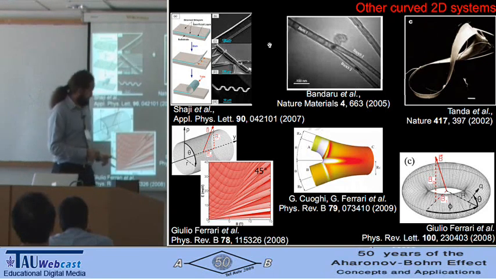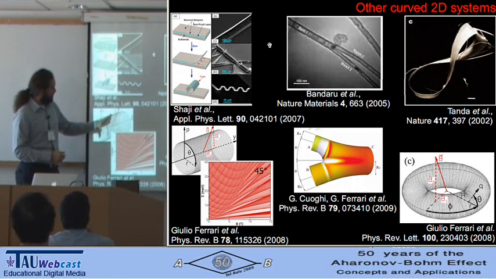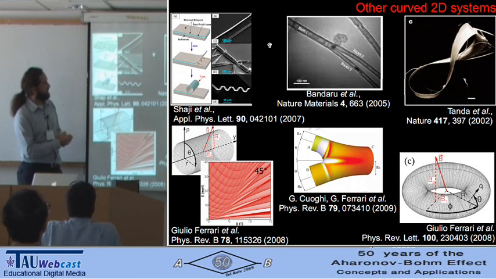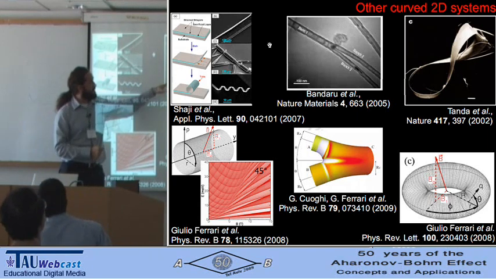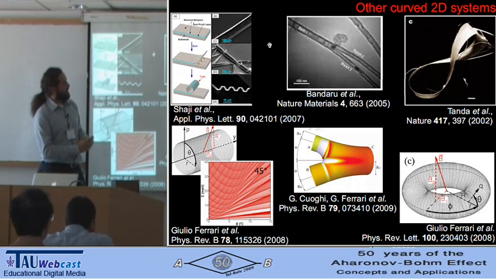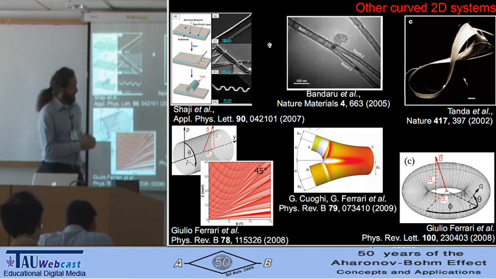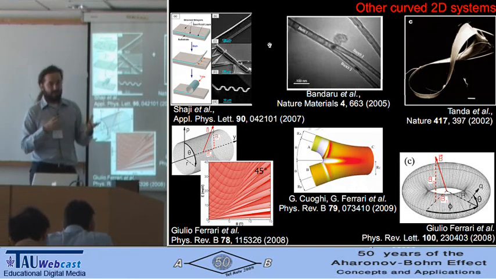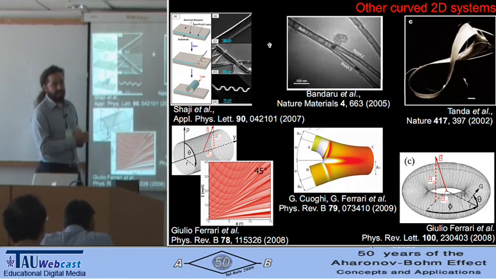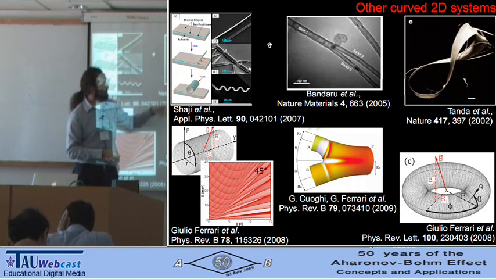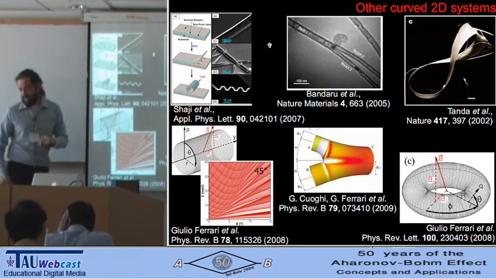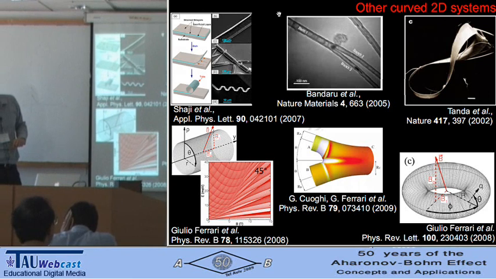We have studied this system in different configurations, also with a tilted magnetic field. Systems with a Y junction have been built, and we have done some simulation on the transmission, on the dynamics without magnetic field, just to show the effect of the geometry of these systems. But you can build even more exotic systems.